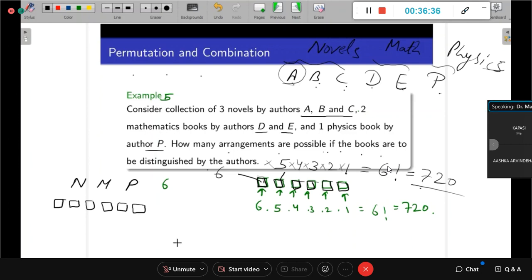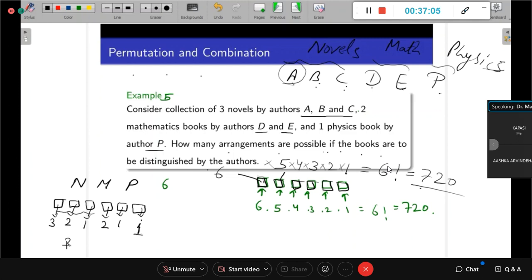If novel comes first, how many possible ways? The first has 3 choices, the second has 2 choices, then 1 choice. For the math case, next this is going to be 2, this is going to be 1, and for physics, it's going to be 1.